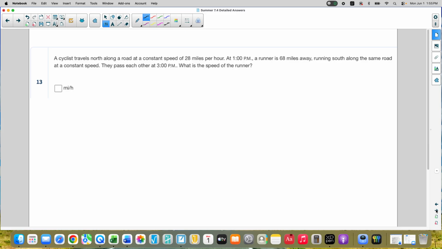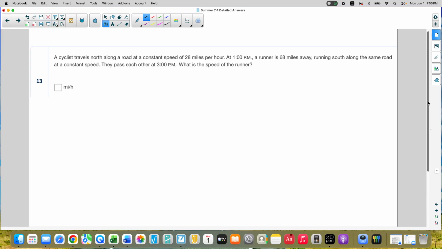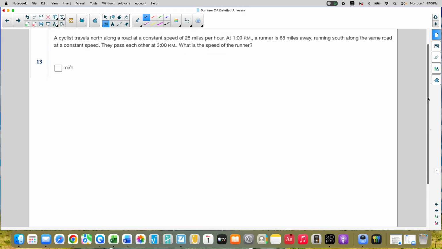Okay, this is good. There are lots of variables and lots of things going on, so I like drawing it. I like making a diagram. A cyclist is traveling north. So we've got this cyclist, traveling north at a rate of speed.